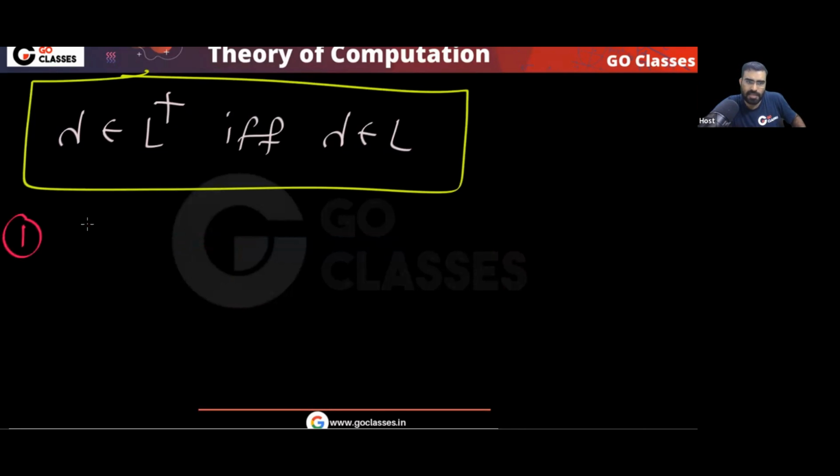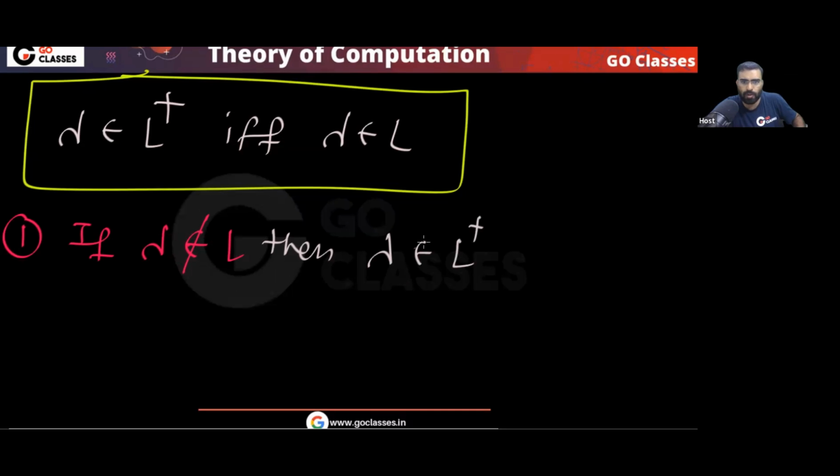First thing I am asking: if lambda does not belong to L, then what will happen? Tell me. If lambda does not belong to L, then lambda also does not belong to L plus, right?